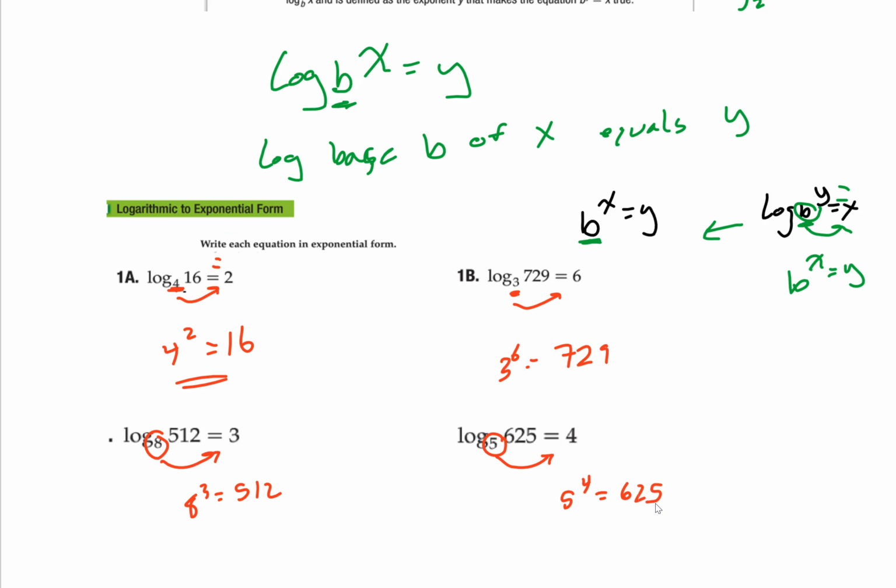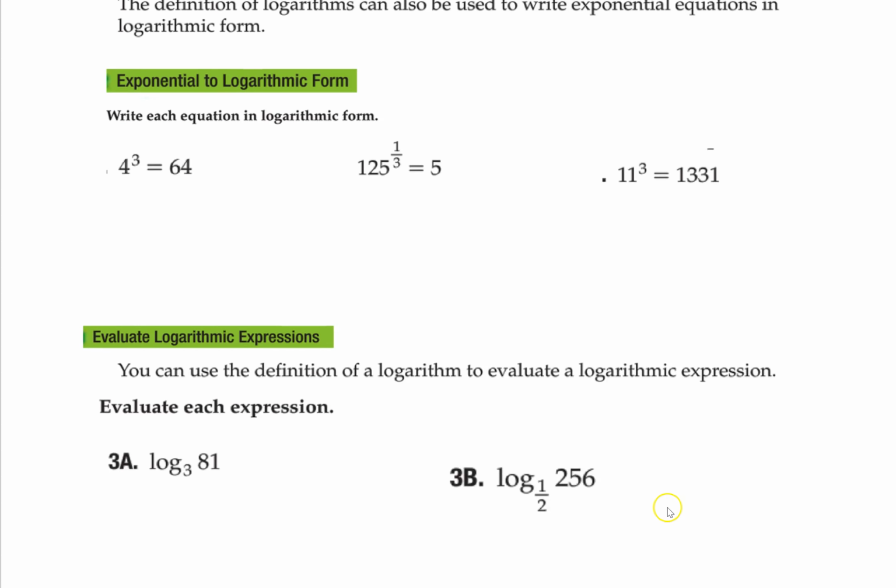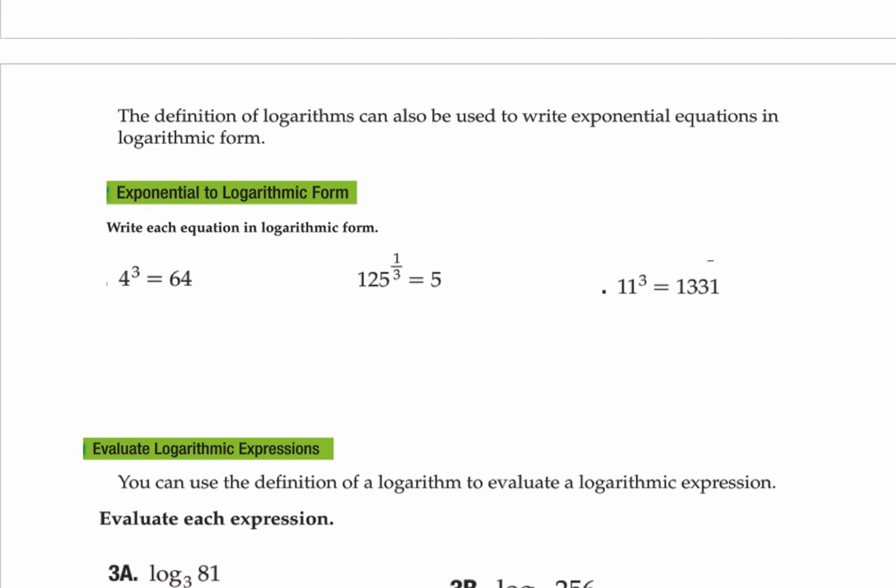So the next step, naturally, is to go the opposite way. Let's go from exponential to log. This time we're going to have the base, so it's going to be something like this. I want you to write as a log. Well, it's the same concept. Find the base. The base is the same for both of them. Base to the answer equals the power, so log base b of y equals x.